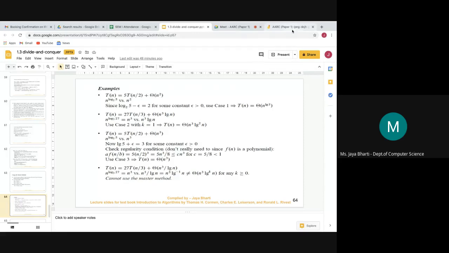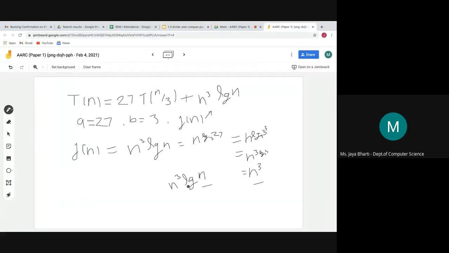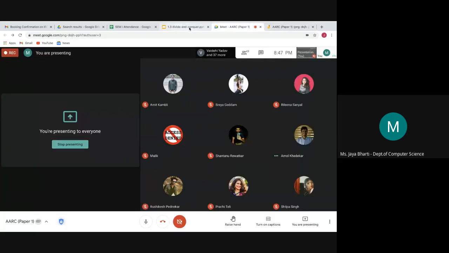Okay, and it is log n only. If it was n to the power anything, this would be the bigger part, but it is log n, that's why you can say these two are asymptotically similar. So if these two are asymptotically similar, then it will fall under case 2.